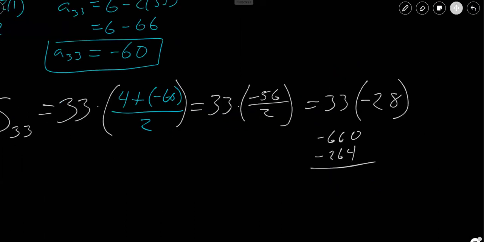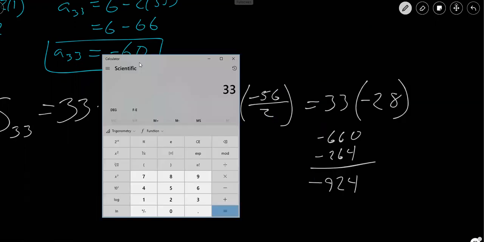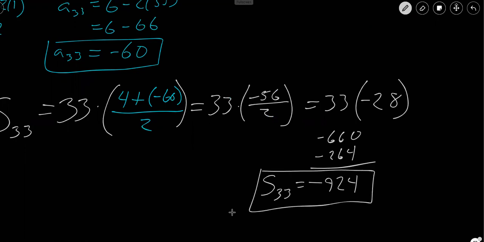That's going to give me negative 924. I should probably check that. I like to do mental math, but let's just make sure. I'm multiplying a negative times a positive, so it's going to be 33 times 28, negative, all right, negative 924. So the sum of the first 33 terms in the series is negative 924.